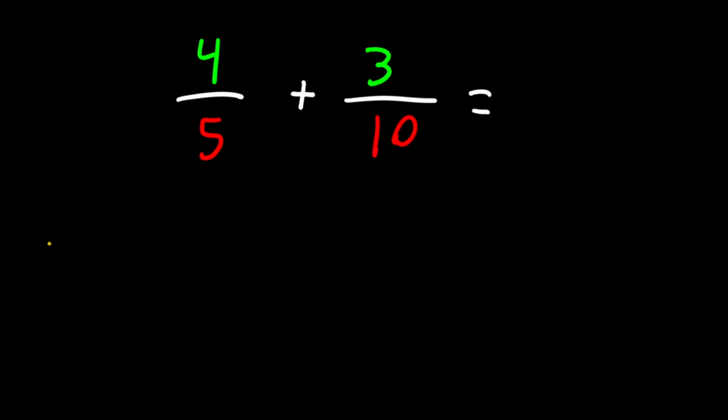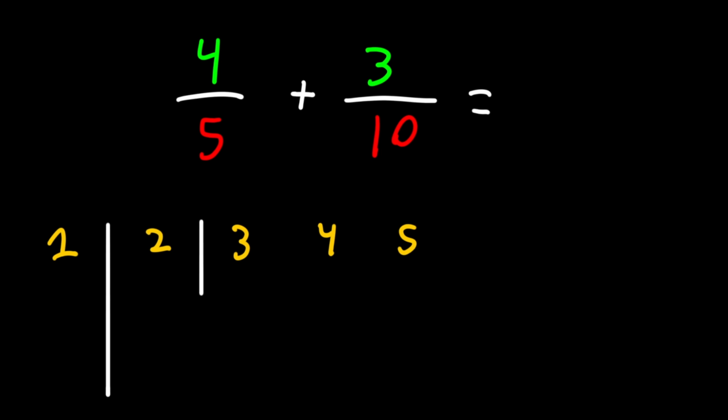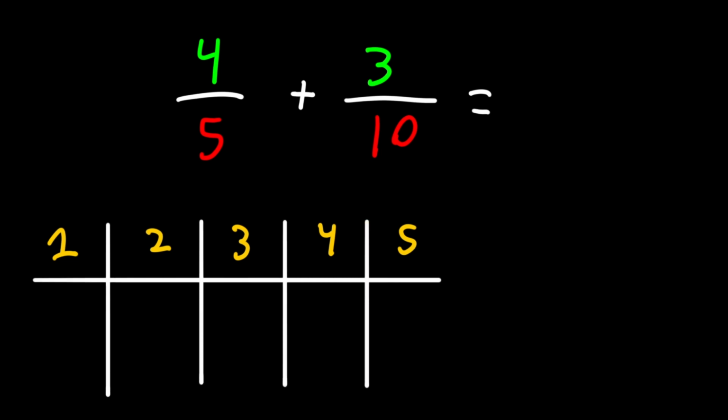So let's make a chart. This is the first number, this is the second number, the third number, fourth number, fifth number, and we can stop here. Let's start with the first number, which is this denominator. Now we're going to add it to itself.